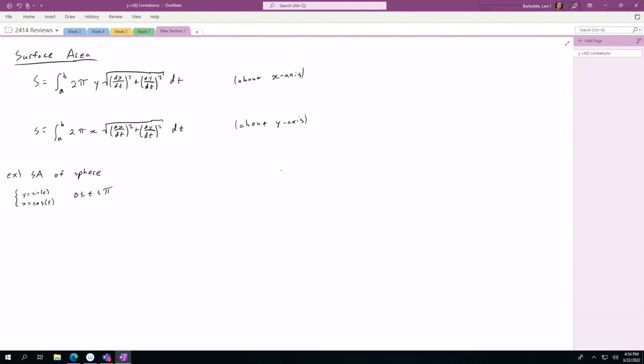So we're just going to use a half circle to find our whole sphere. So we know that our surface area is going to be the integral from 0 to pi of 2 pi times our y value. We're rotating it about the x-axis here.